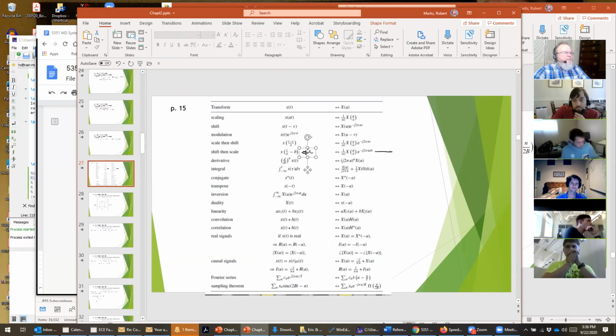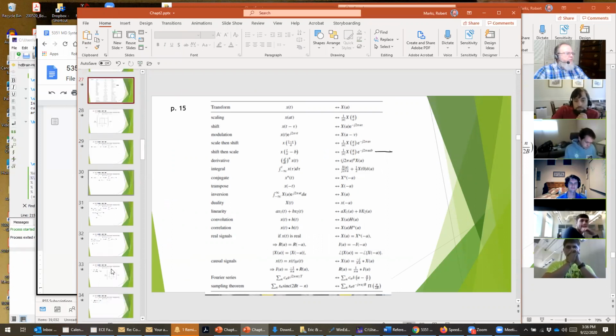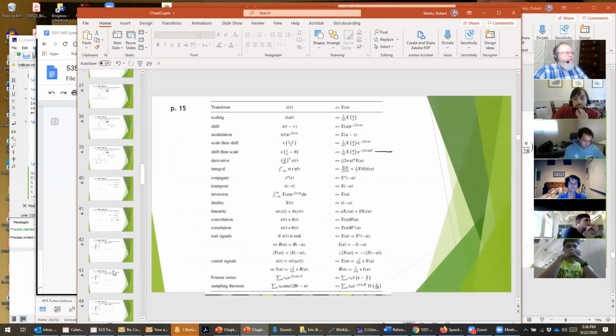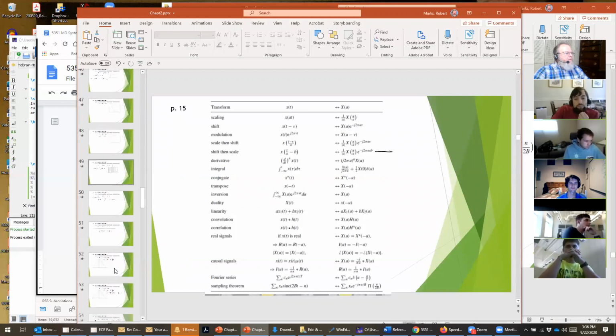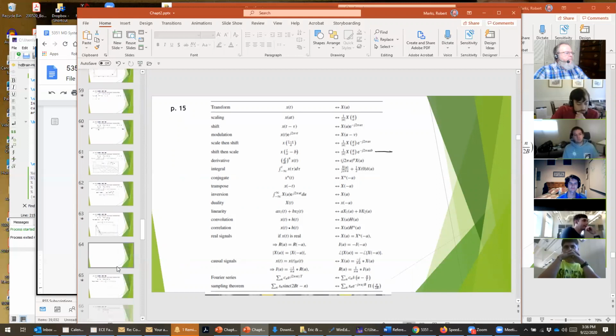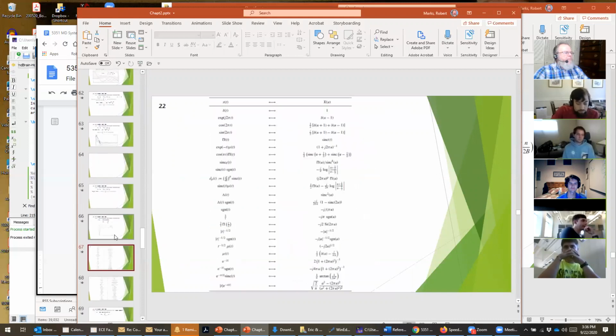Okay, not this. This is the Fourier transform theorems. We want the Fourier transform pairs. So I'm looking on the left here. Here we go.